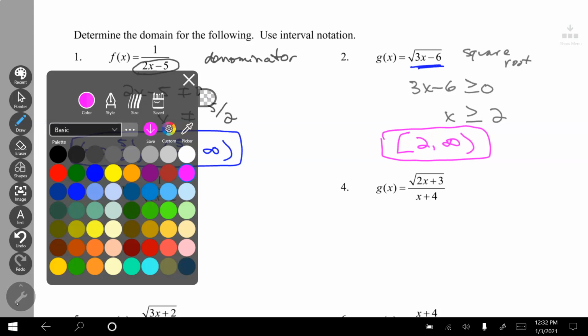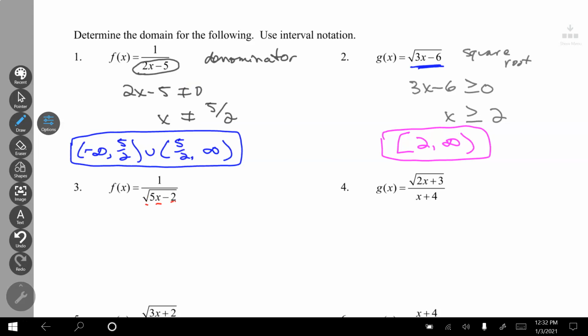Now this next one's a little bit different. I see I have kind of a square root rule in the denominator. So what I'm going to do is make this only greater than 0 because I can't equal the 0. Normally when I do the square root, I make it greater than or equal to 0.